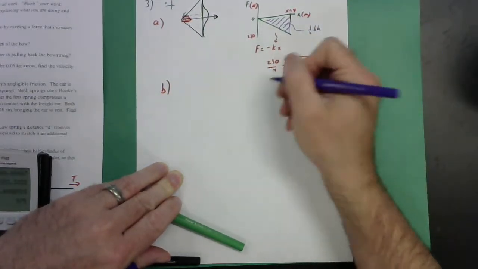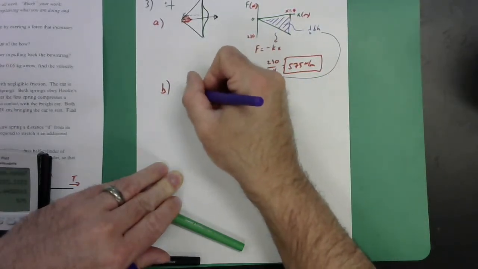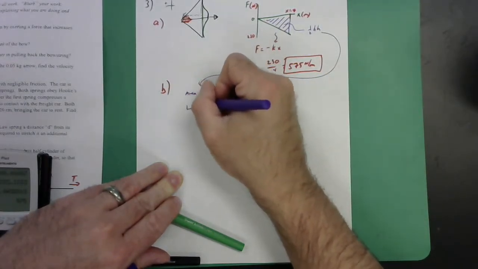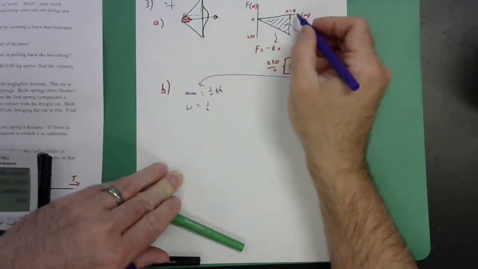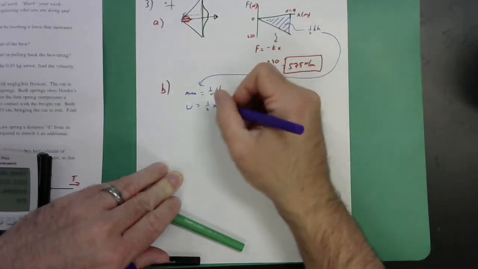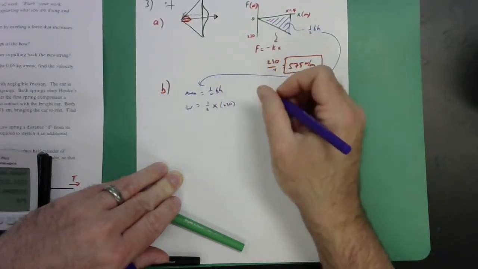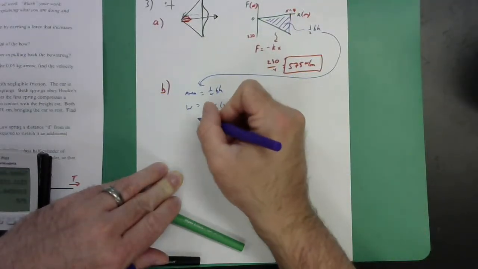This is my work for part B. Wouldn't that area be the work, 1/2 base times height? The base is that x, the distance we stretched it, and the height is that 230. I'm flipping the sign because I want the work that I put into the bow, not how hard the bow pulled against me.